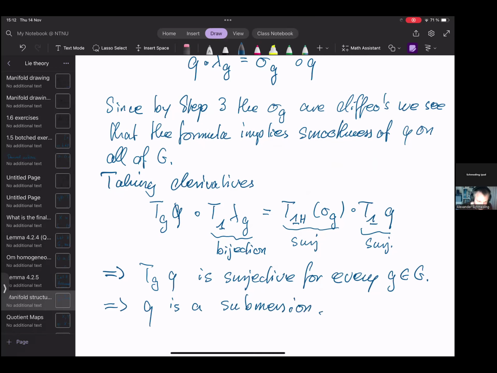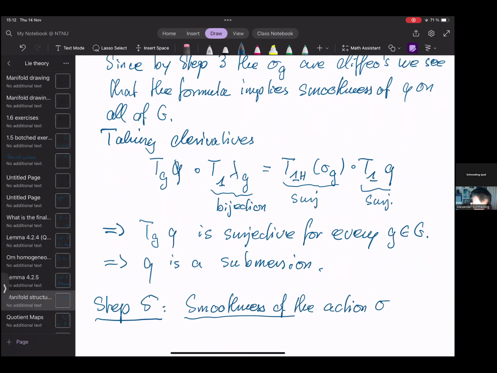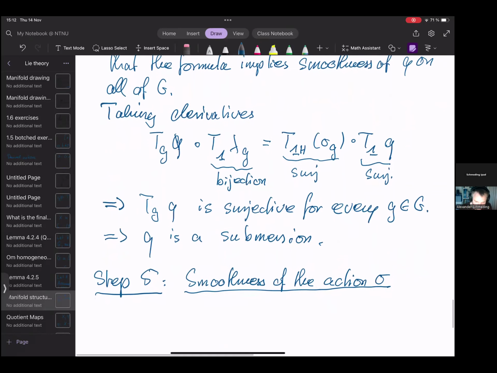Great. So we have almost everything ready. There's just one last step missing. And step 5 is now smoothness of the action sigma. So this was also claimed, that the action is really a Lie group action.